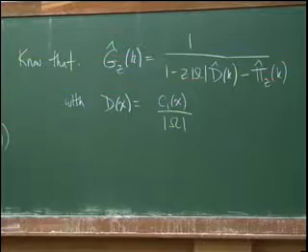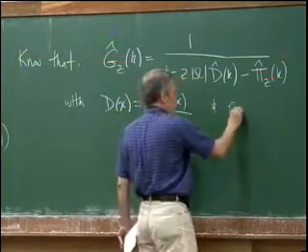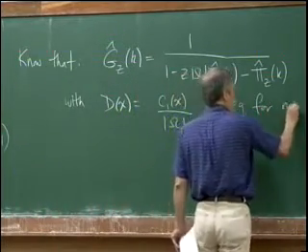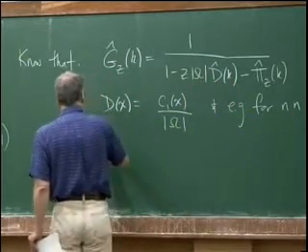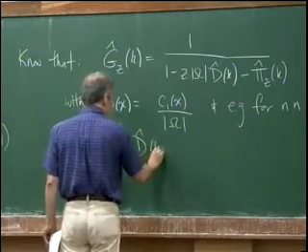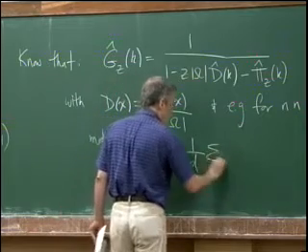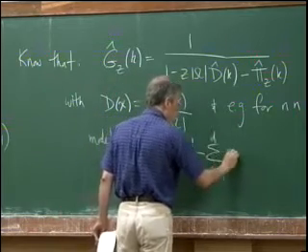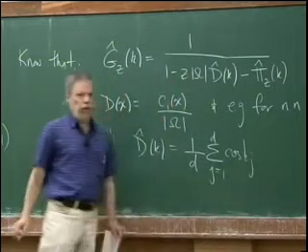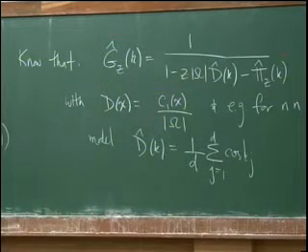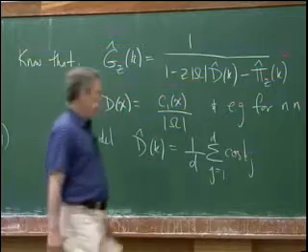And for the nearest neighbor model, d hat of k is something very explicit. It's 1 over the dimension, sum over the components of k of the cosine of the component. And, well, for the spread out model, you can also write this in terms of a Dirichlet kernel. It's something very explicit that you can do any kind of calculation with that you want, and you can consider it to be completely understood.